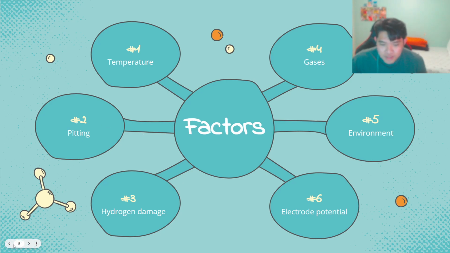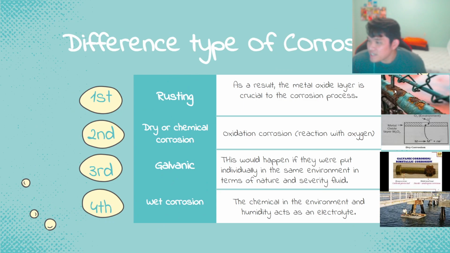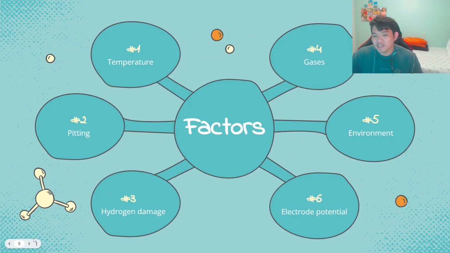You can see the hydrogen damage in this picture, right? It reacts with oxygen in the environment, and it gets the rusty look. Number four is gases, which could be sulfite gases. And number five, environment, like the beach. What is a beach? The beach contains salt, which causes rust. And the electrolyte potential, like we talked about earlier.